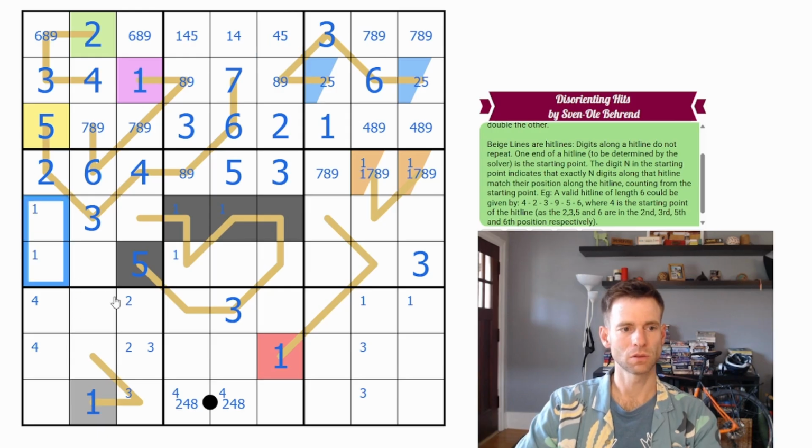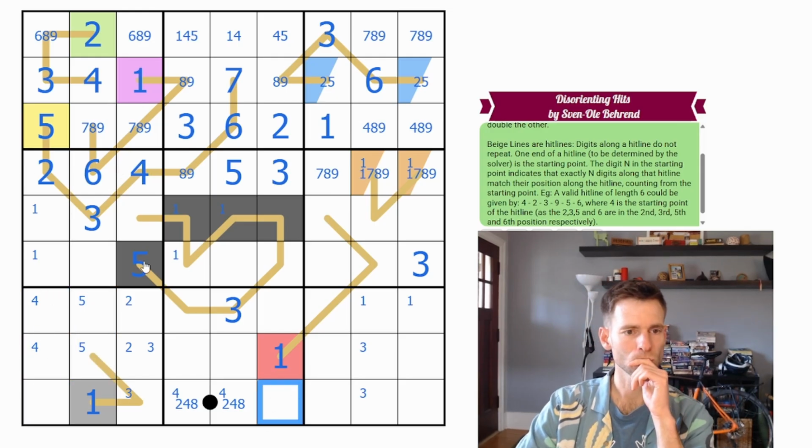One is in one of those. 5 is in one of these. 4 is in one of those, yeah.